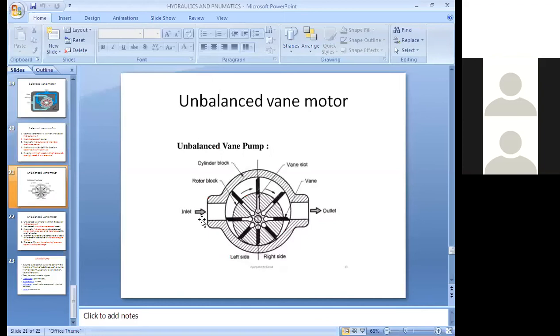In the balanced vane motor, the rotor block with the vane slot is at the exact center position in the casing. That is what we call balanced. Unbalanced means the rotor block is not fixed in the center position; it is placed at any place of the casing or cylinder block. That is what we call an unbalanced vane motor.